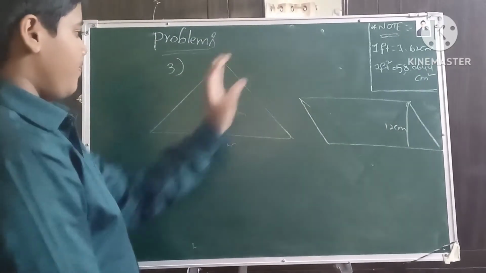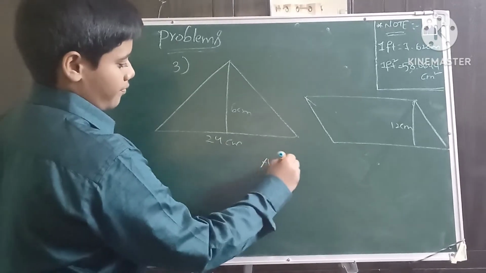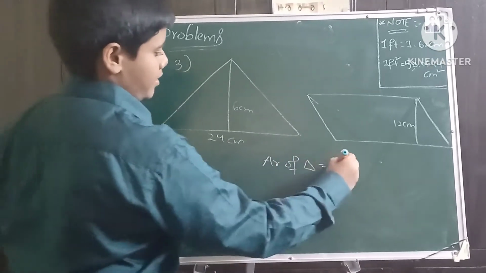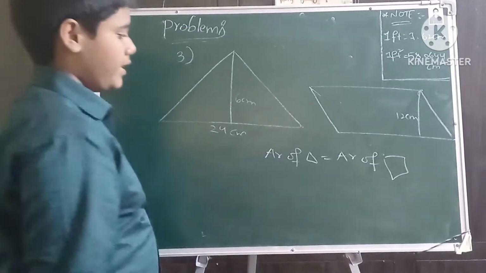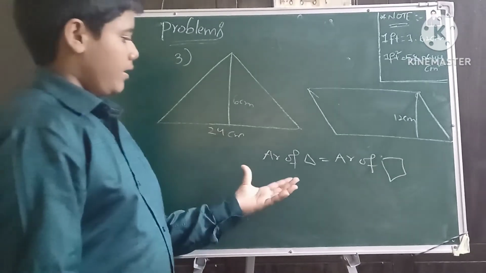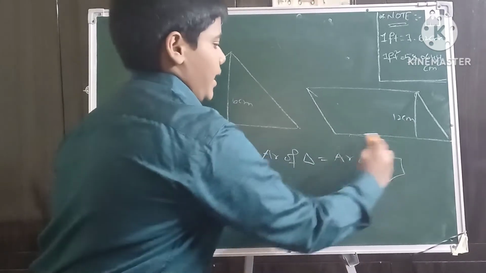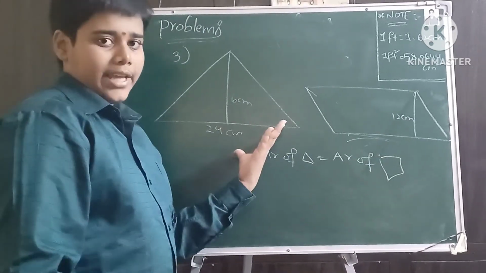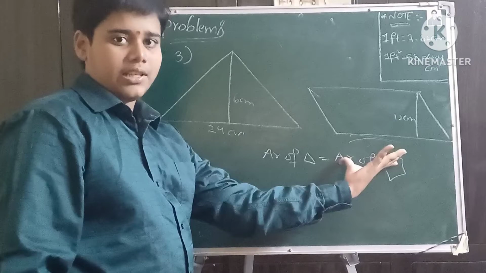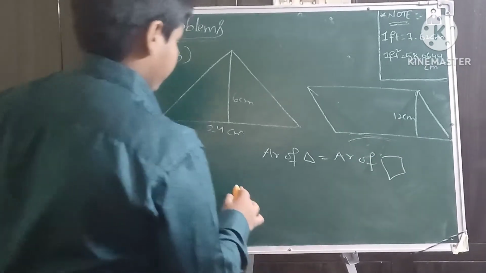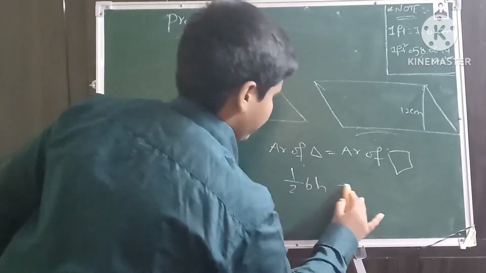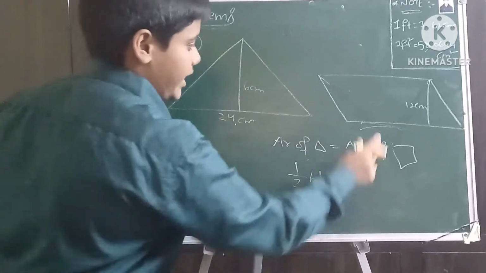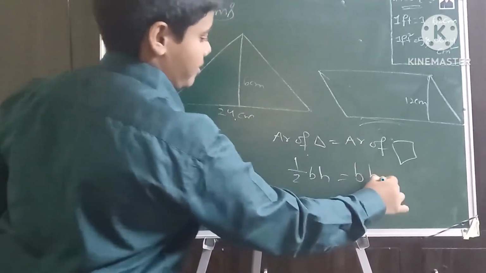In this question, the area of triangle is equal to area of parallelogram. They are asking what is the base of this parallelogram when the area of triangle and the area of parallelogram are equal. So area of triangle is half BH and the area of parallelogram is BH.